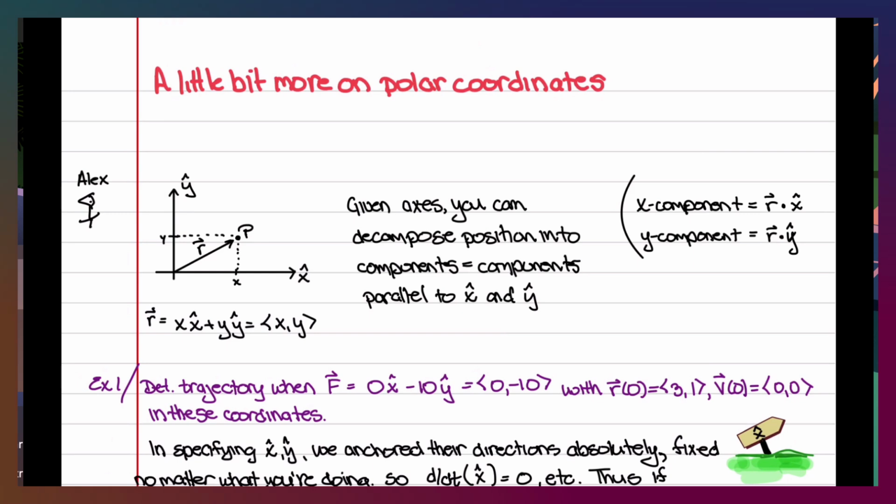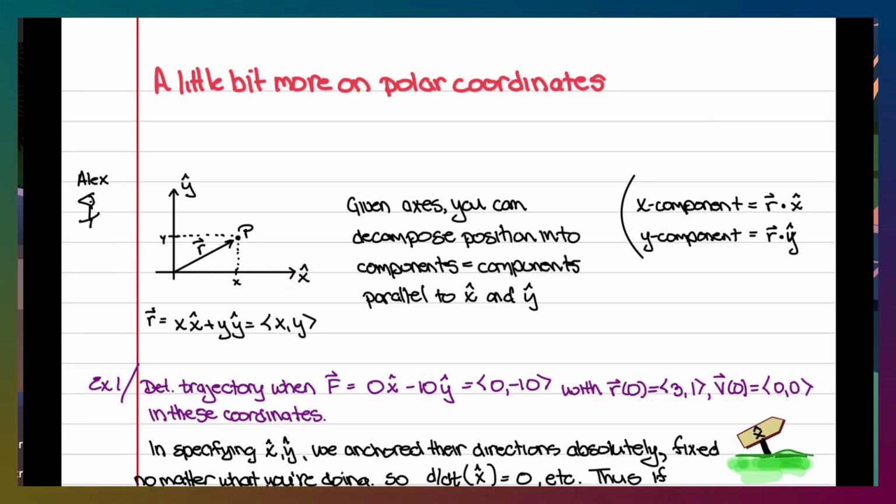So Cartesian axes. We have some fixed x and some fixed y. The idea with Cartesian is that they are fixed. They are anchored down and do not move with time. So we have some position, which we can define as a position vector from our origin. I'm allowed to put my coordinate axes wherever I want.